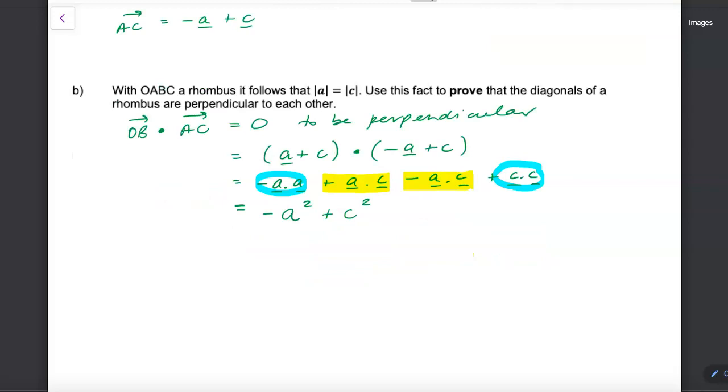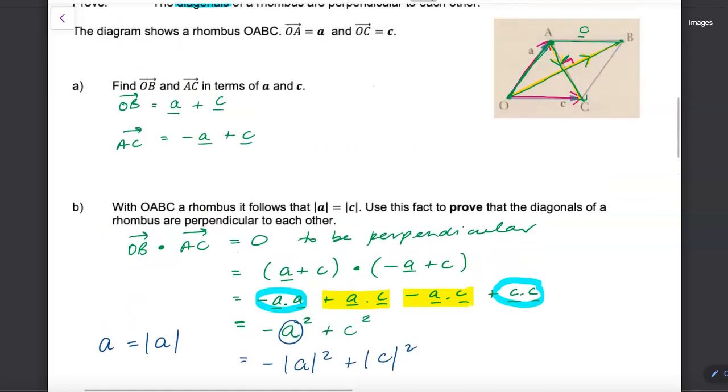Remember, when we're writing the scalar, it doesn't have the line underneath; A is the same as saying the magnitude of vector A. So we could rewrite this as the negative magnitude of A squared plus the magnitude of C squared.